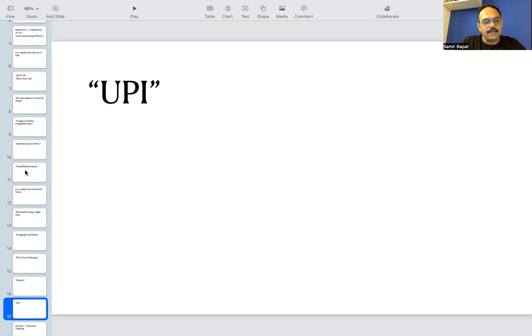Now, UPI, 7, 8 years ago, before the demonetization happened, before the UPI acceptance came in, today we cannot imagine our life in India without UPI, right? I don't even carry cash, and that must be the status of many people in India. But 8 to 10 years ago, we had to carry cash.